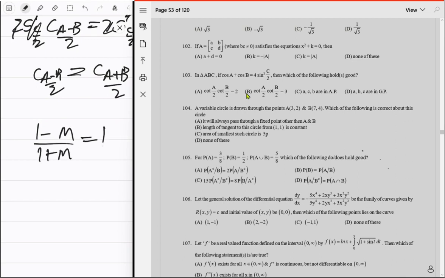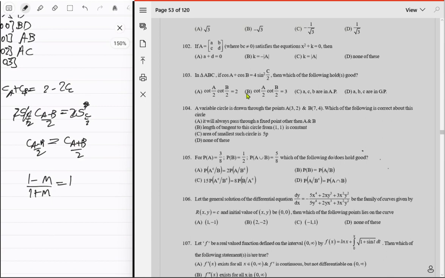Basically, yeah, I mean, that's what it's saying. So this must be 0, right? So tan A upon 2 tan B upon 2 equal to 0. That doesn't make sense. Yeah, that doesn't actually make any sense. That's what it's saying though. Wait, how can that be the thing? I don't get it.